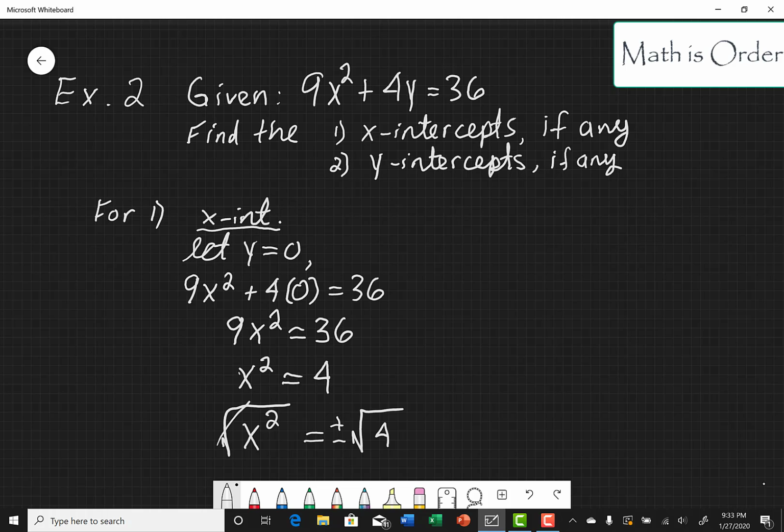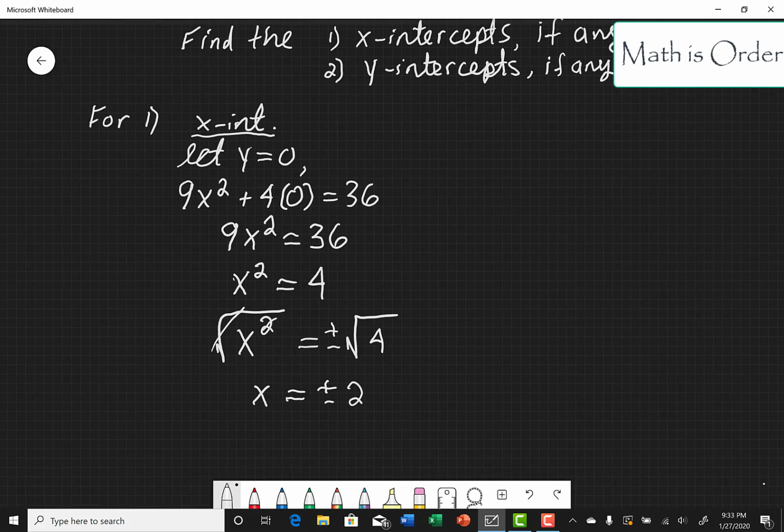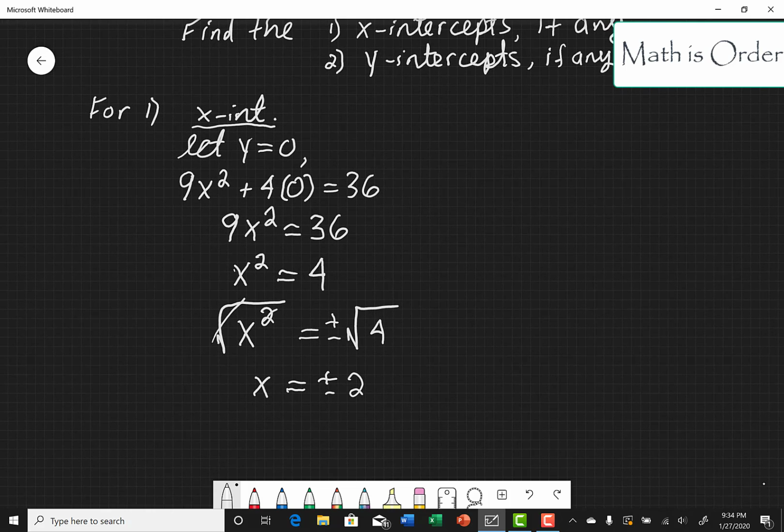Remember that a square cancels out a square root, so that x is plus or minus 2. The square root of 4 is 2. So this means that there are 2 x-intercepts. One x-intercept is (2, 0), and the other location is (-2, 0).